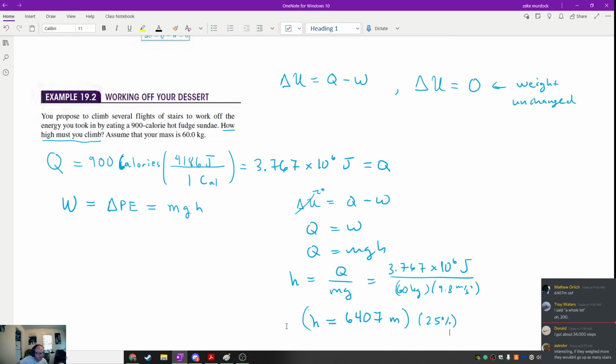True, if they had a larger mass, exactly, you wouldn't have to climb as much because it takes a lot more energy to lift, just to be extreme here. So 60 kilograms, what is it? 60 kilograms is light. That's like a kid, isn't it? I think when I was the lightest that I've ever been, I weighed 75 kilograms. 60 kilograms is like 130 pounds.